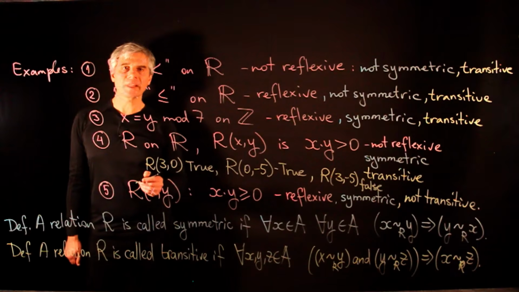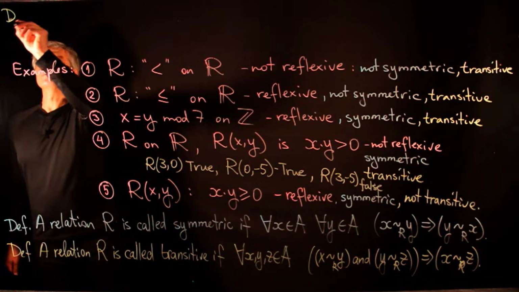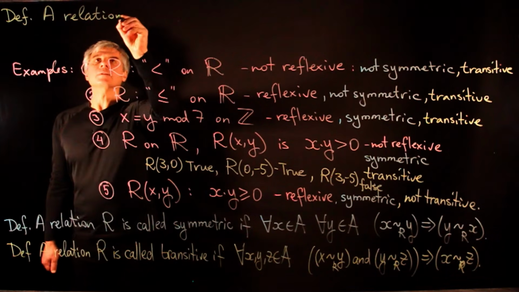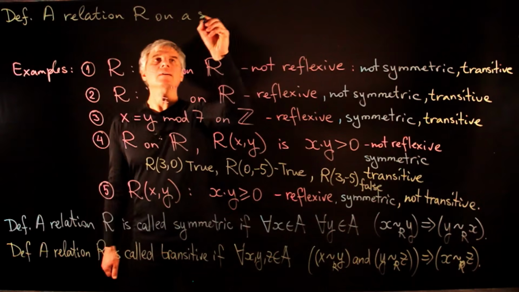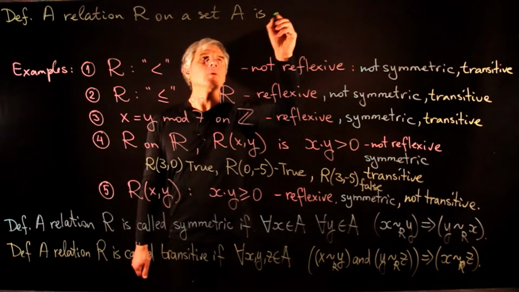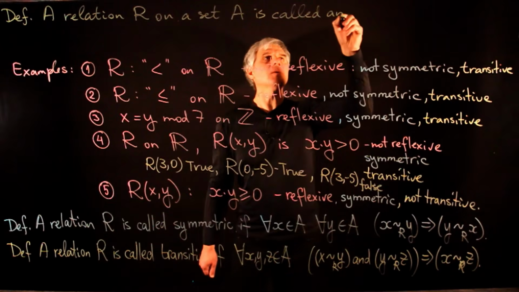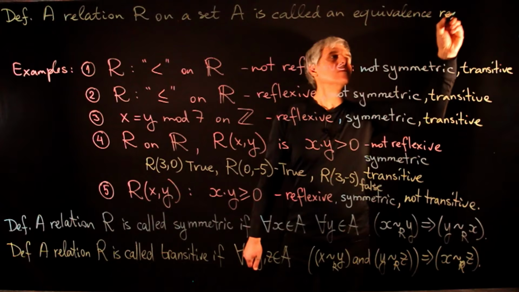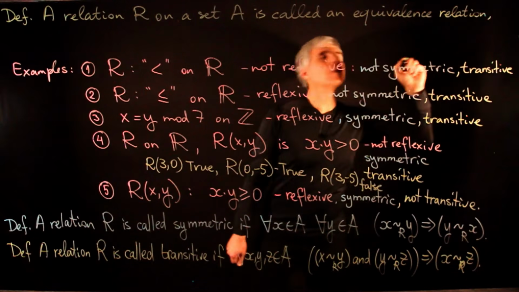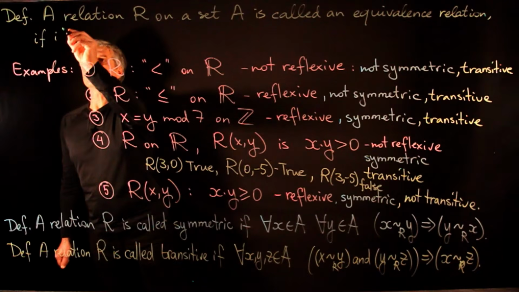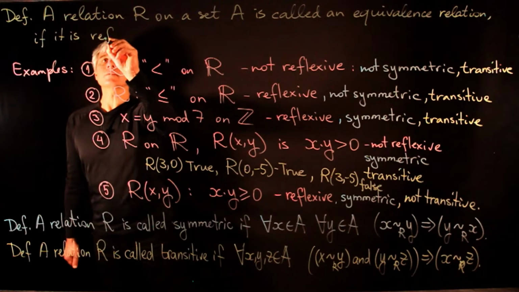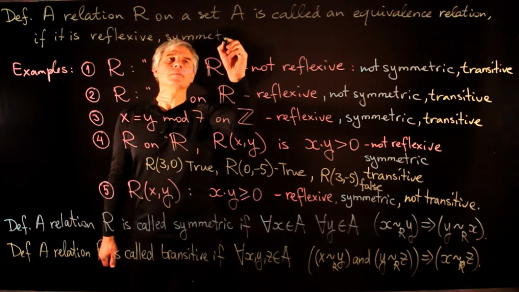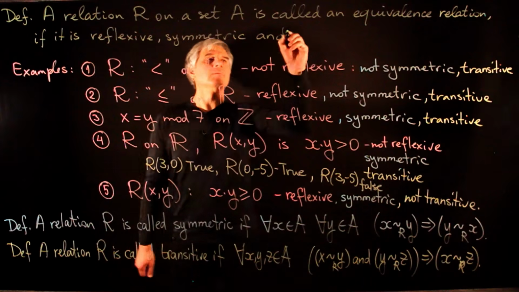So far, we were laying groundwork for the following definition. A relation R on a set A is called an equivalence relation if it is reflexive, symmetric, and transitive.